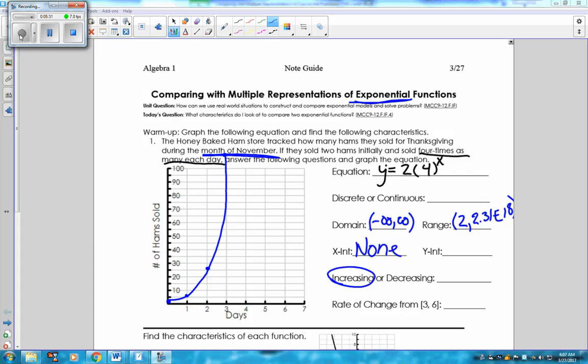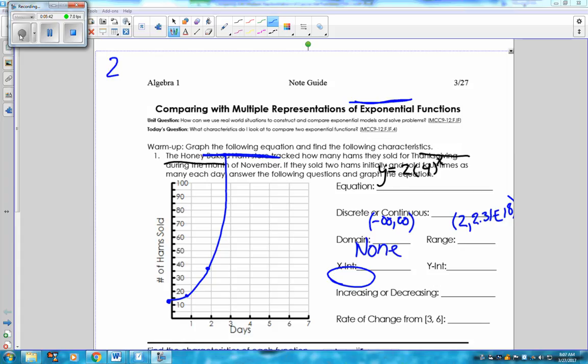So instead of the calculator putting times 10 to that power, like you normally see it, they just write E to the power. So that's the same thing as saying 2.31 times 10 to the 18th power. That's just an abbreviated version of this. So that's a lot of hams, right? They made a lot of money with that. Plugged 30 into the calculator.